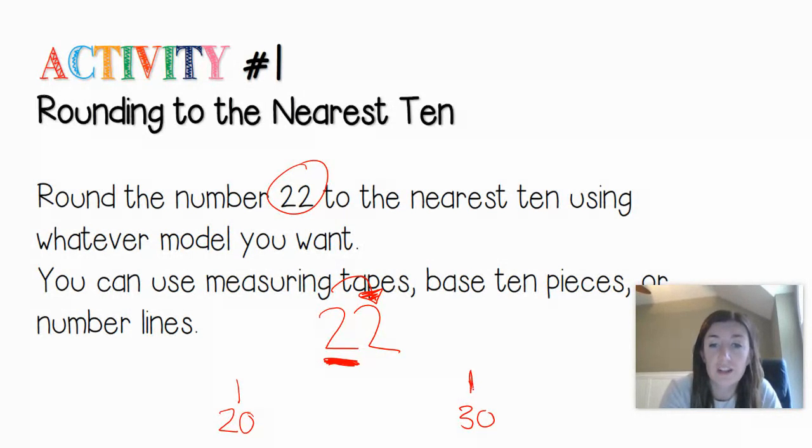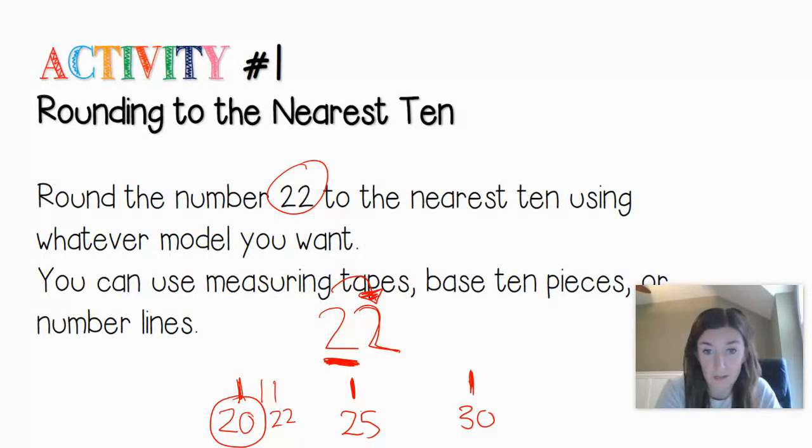Those are the two friendly tens, multiples of tens that it's in between. Now, the number that's right in between, the midpoint, is 25. So numbers that are 25 or higher are going to round to 30. But since this number, 21, 22, it's not to the midpoint, there's a 2 there, we're going to round it down to 20.